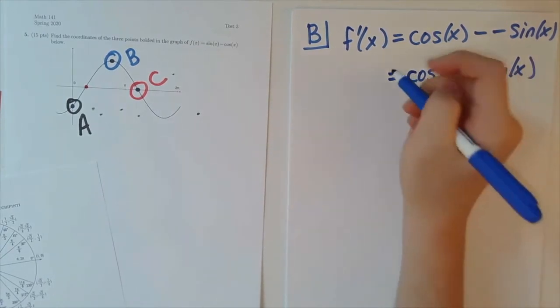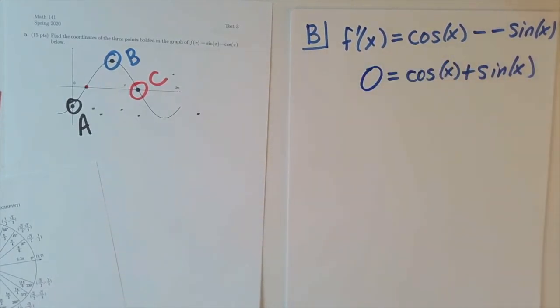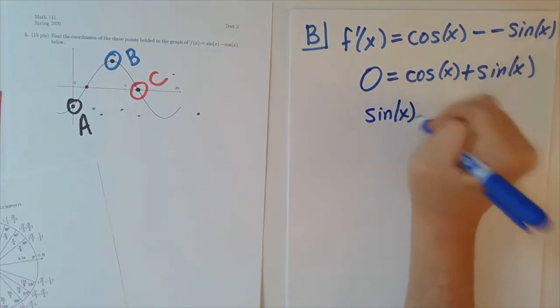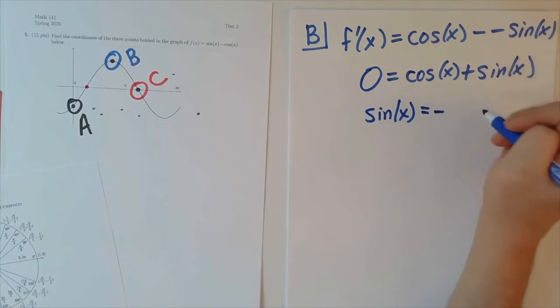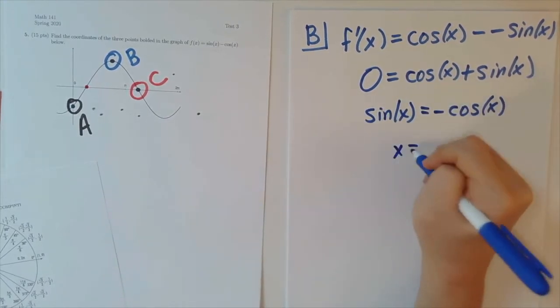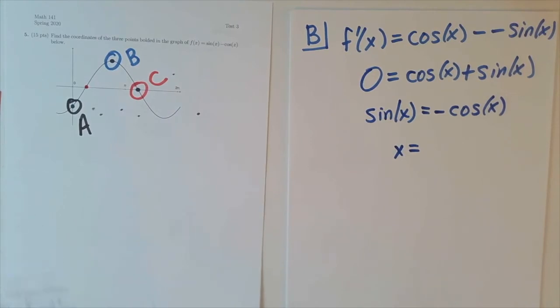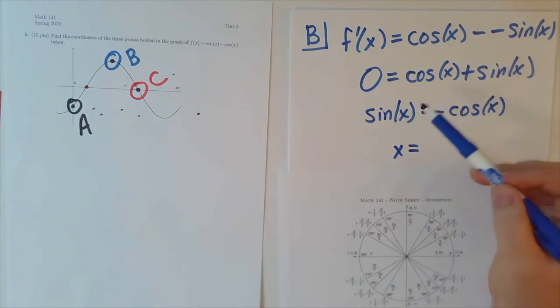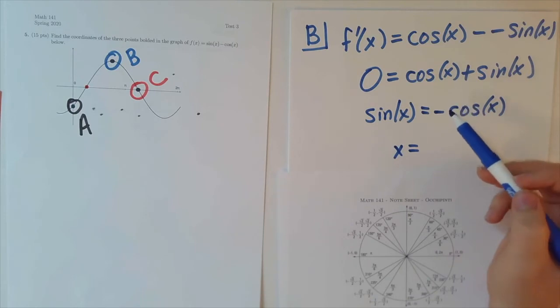And so I want to know when that's 0, which is to say I want to know when is sine of x equal to minus cosine of x. And that, again, I can look up on the unit circle. So what I'm looking for here is points where the sine and cosine are the same except for their sign.